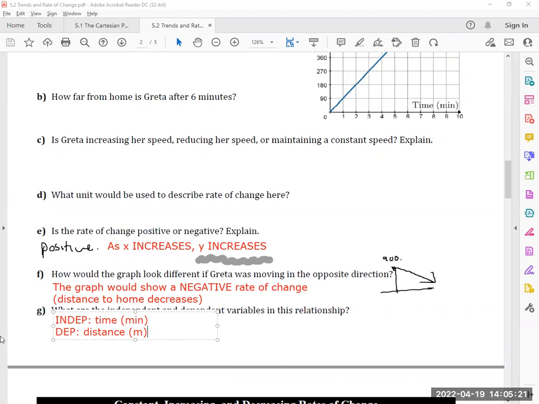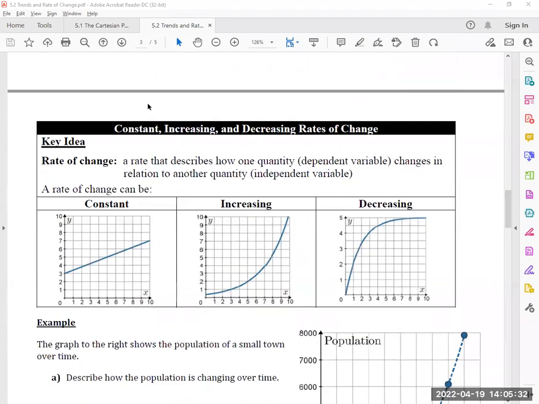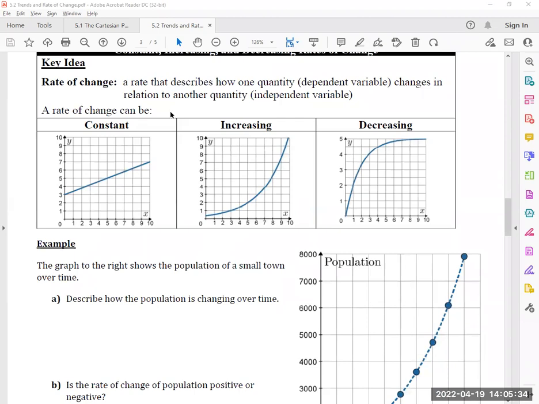Please go to the next page that says key idea for constant, increasing and decreasing rates of change. One last thing, and then you're basically home free.